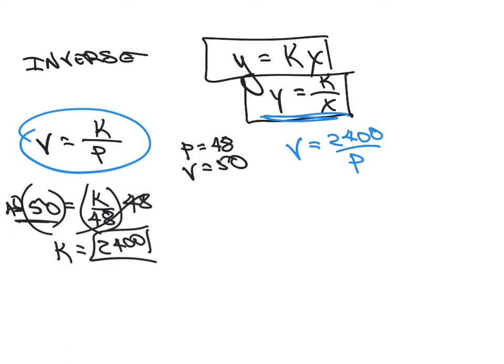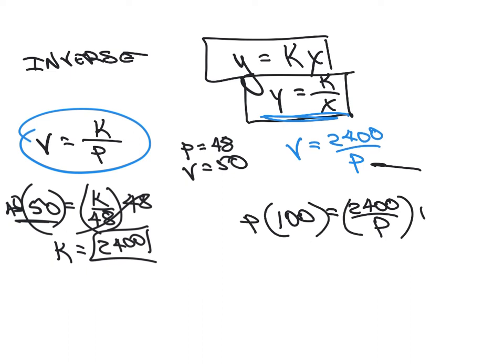So they're asking what pressure is needed to produce a volume of 100 cubic feet. So what are they asking for? They're asking us to find the pressure. What pressure, given that V is 100. Okay, so multiply both sides by P. P's cancel.